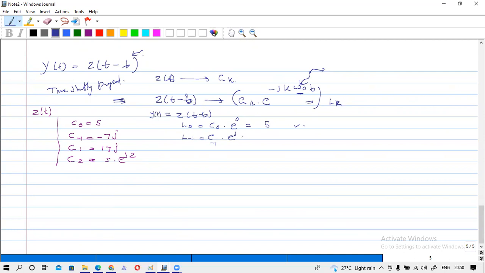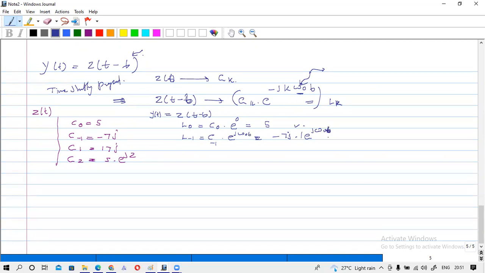We have to estimate this omega naught, so I will write the answer here with omega naught. C minus 1 is minus 7j, so you have minus 7j e to the power j omega naught 6.